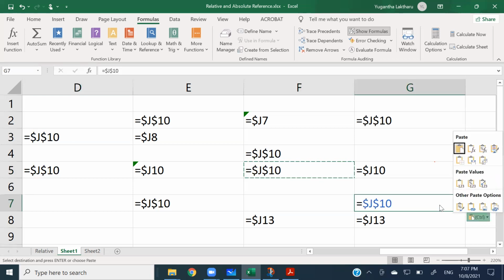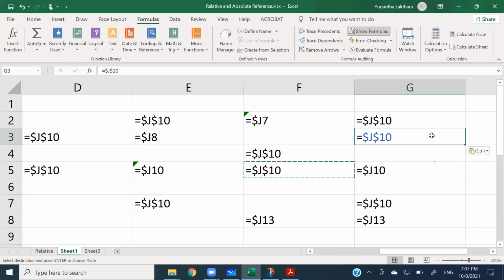See? And why does that happen? Both the column header and the row header are set to be absolute. It says they should not change. How? By placing a dollar sign at its left. Is that clear, people?